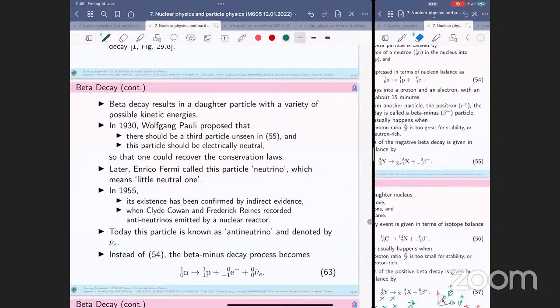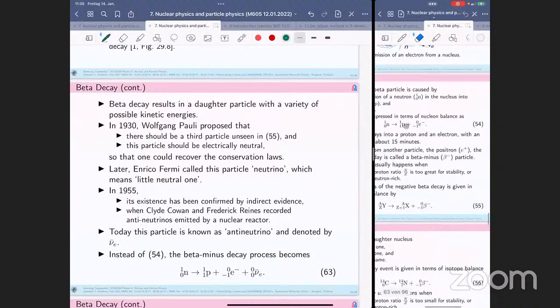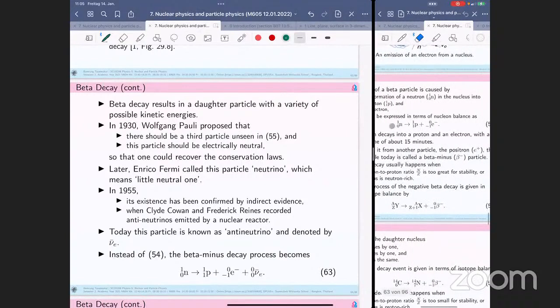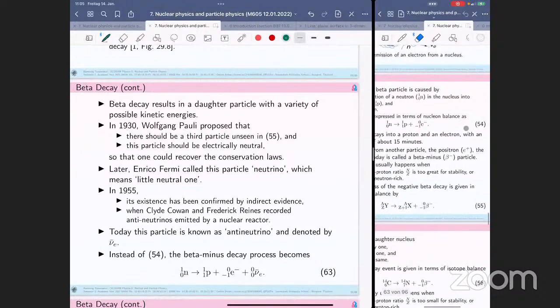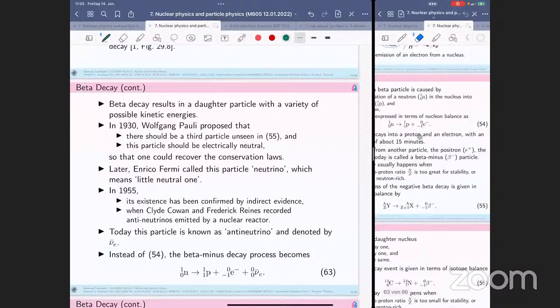Instead of this one, we would have the third particle denoted here. The earlier equation is actually incorrect. The process as described by former physicists was not correct. The correct one should be like this.